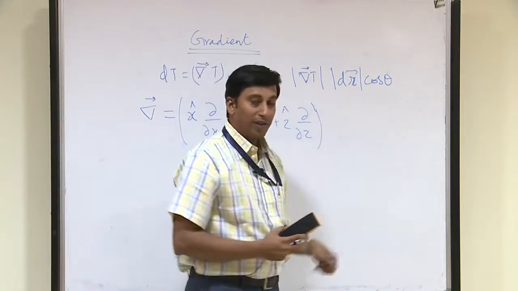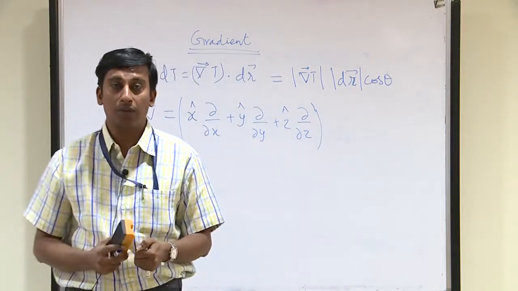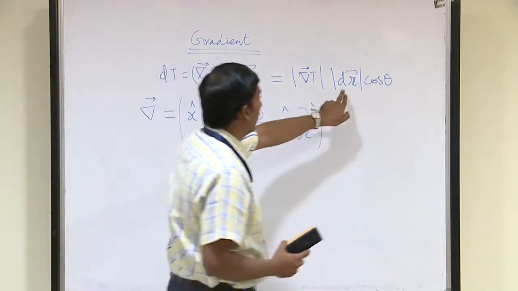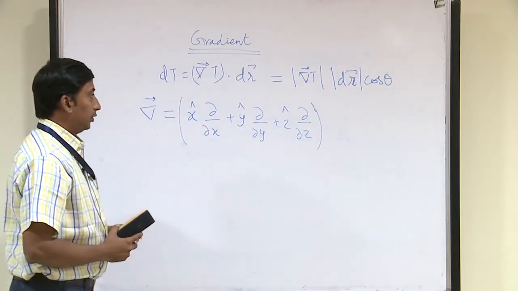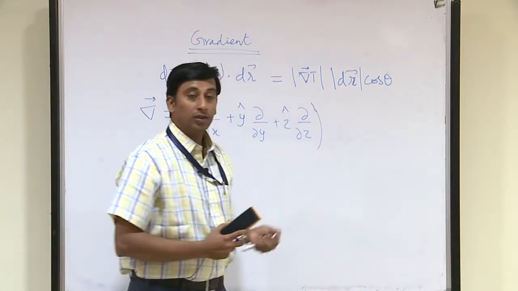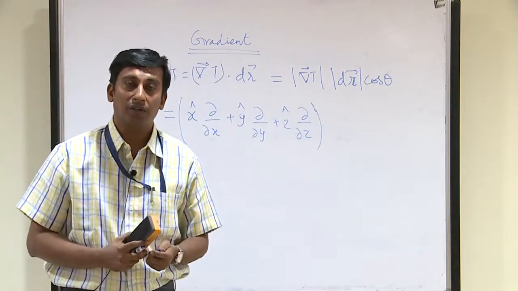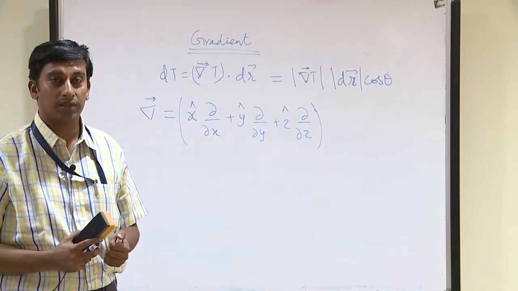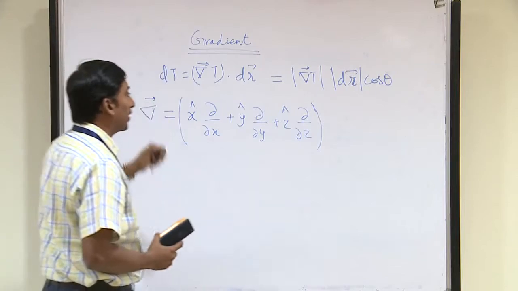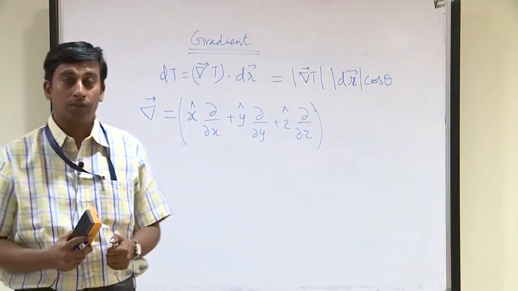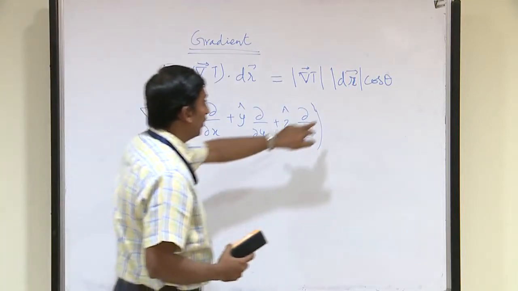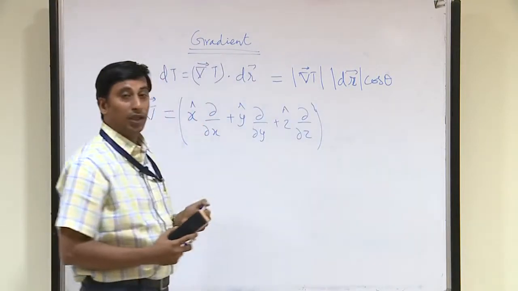So for a fixed magnitude of the displacement vector, what can we infer? When will the function T of x, y, z, or dT, be maximum? When theta equals 0. So when theta equals 0, for a fixed value of this, dT will be maximum.